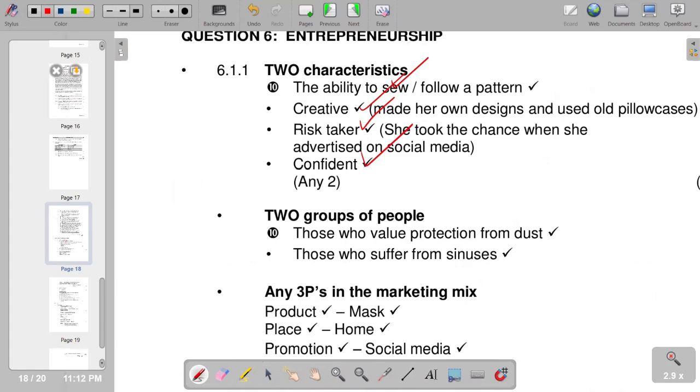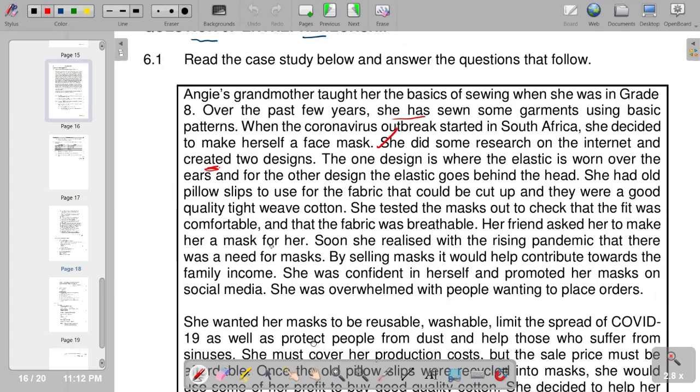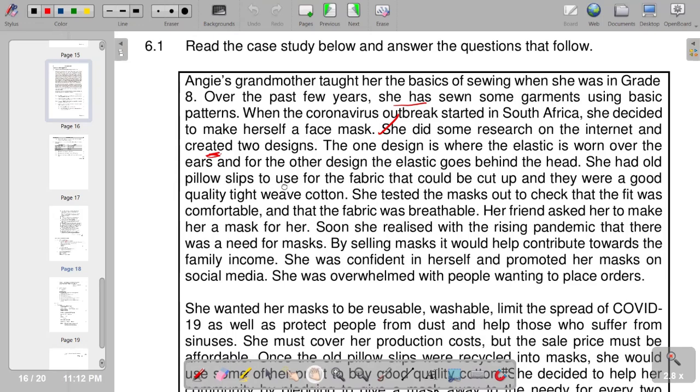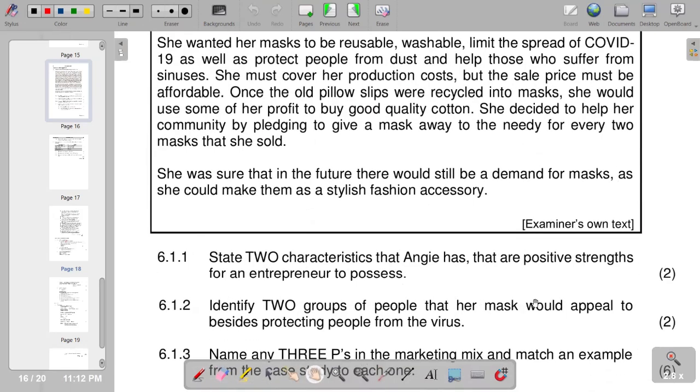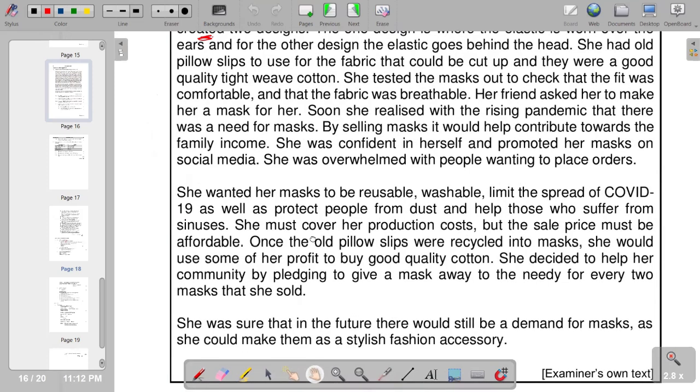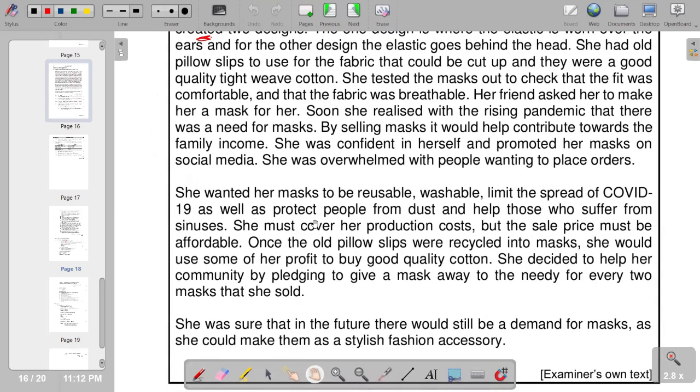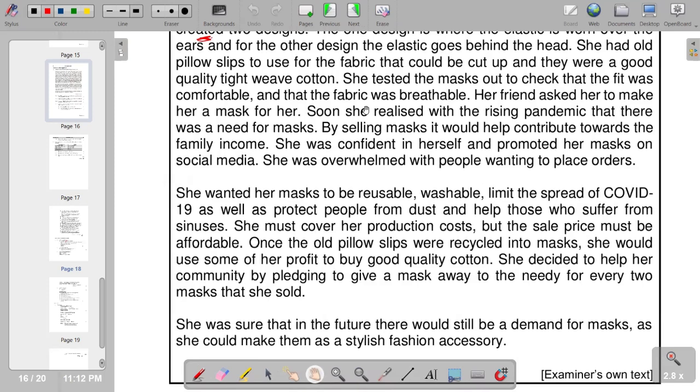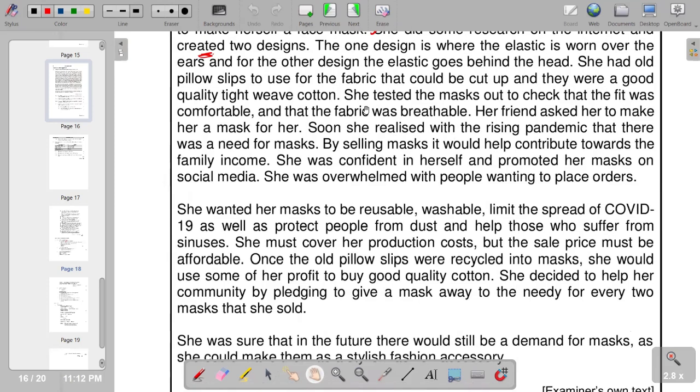Then the next part reads, identify 2 groups of people that the hair mask would appeal to besides protecting people from the virus. So we check according to what we have in terms of our question.